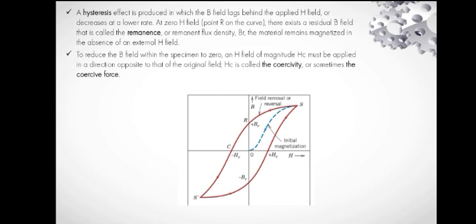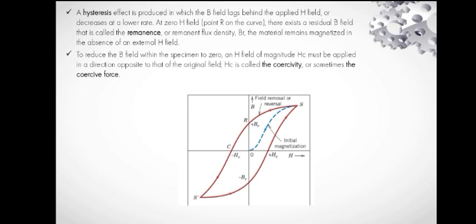From saturation point S in this figure, the H field is reduced by reversal of field direction. The curve does not retrace its original path. A hysteresis effect is produced in which the B field lags behind the applied H field, or decreases at a lower rate.